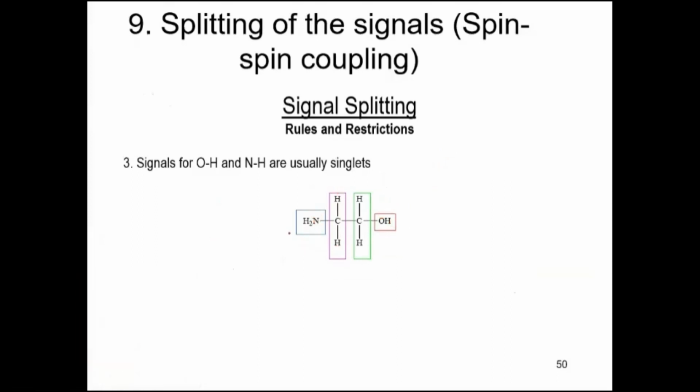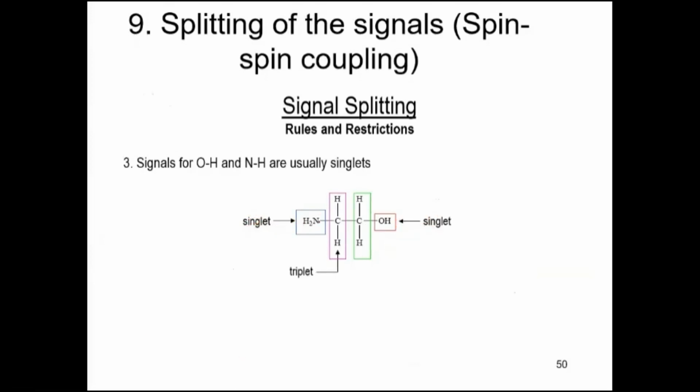So this hydroxyl group, instead of giving you a triplet, will give you a singlet, and the same with this NH2. This NH2 will also not give you a triplet, it will give you a singlet, a single peak. The reason behind it is the electronegativity of the nitrogen.